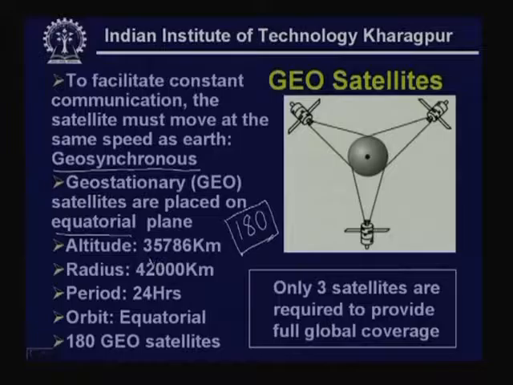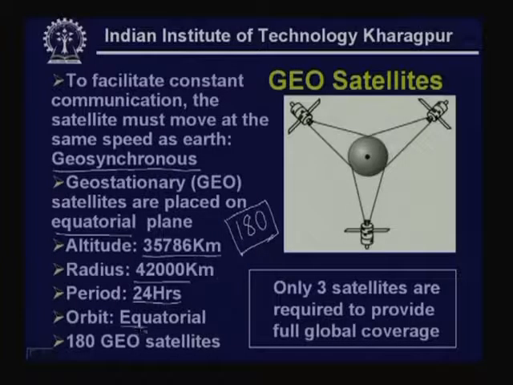And as I mentioned, the altitude is 35,786 kilometer and the radius is about 42,000 kilometer. That means, from the center of the earth the radius is 42,000 kilometer, but the altitude from the surface of the earth, from sea level, is 35,786 kilometer, and the period is exactly the same as the rotation of earth, that is roughly 24 hours.